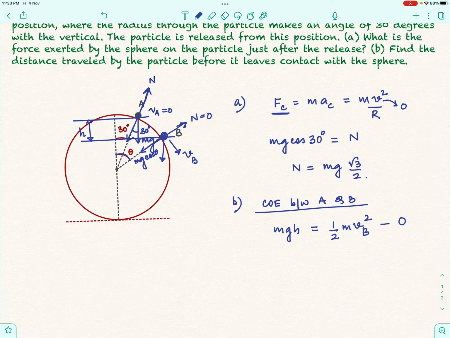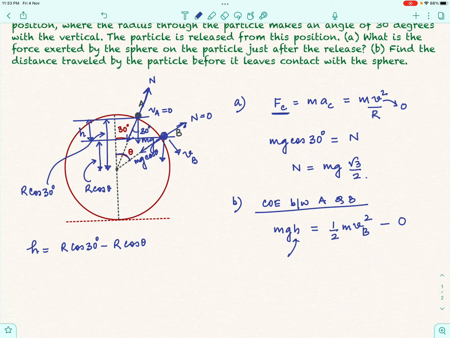So, from here we can substitute the value of h in this expression. Once again, by using this figure, do we all see that h will be nothing but this length minus this length. The first length that I drew here is r cos 30 degrees, and the smaller length is r cos theta. So, h comes out to be r cos 30 degrees minus r cos theta.